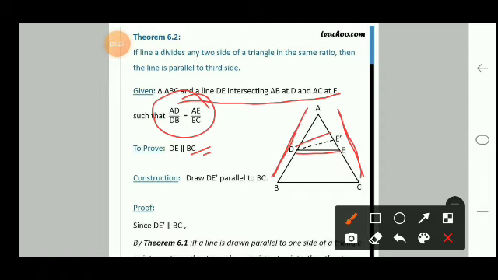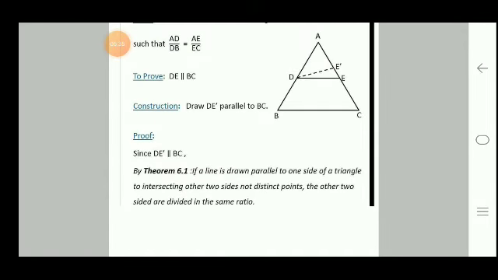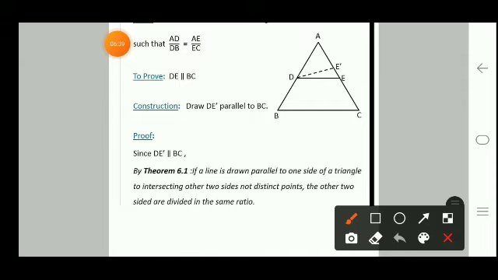Now moving forward, since DE dash is parallel to BC, as we have taken, from the first theorem that we have just done, that is, if a line is drawn parallel to one side of a triangle to intersect the other two sides at distinct points, then the other two sides are divided in the same ratio.